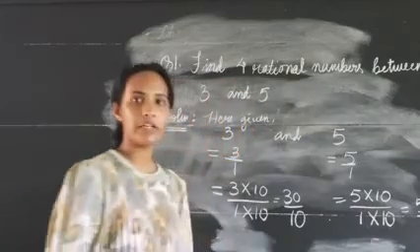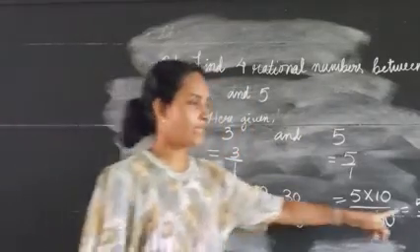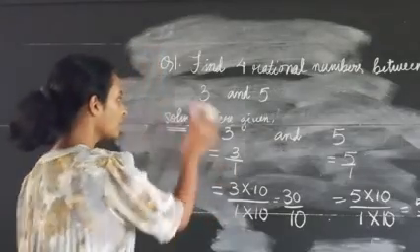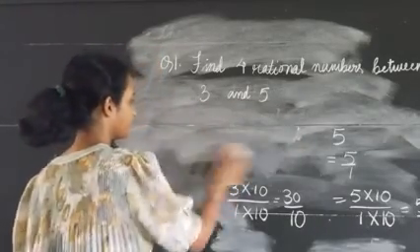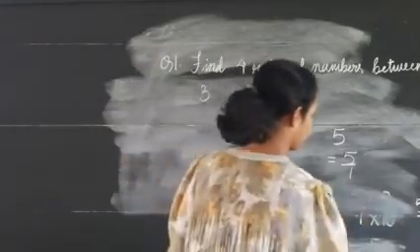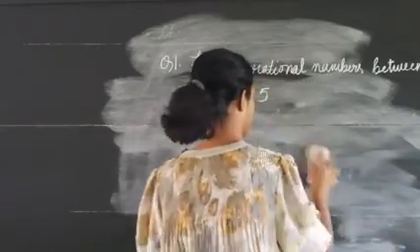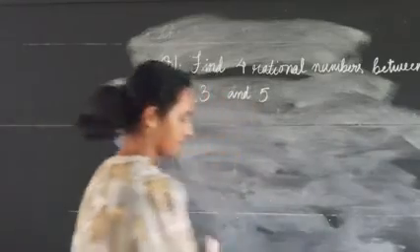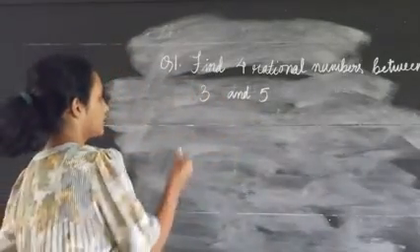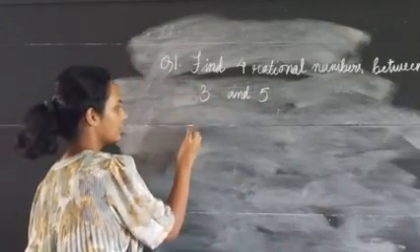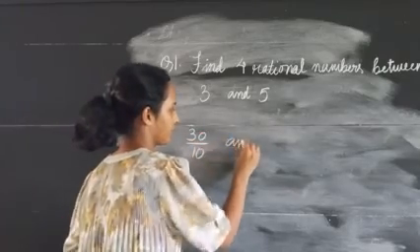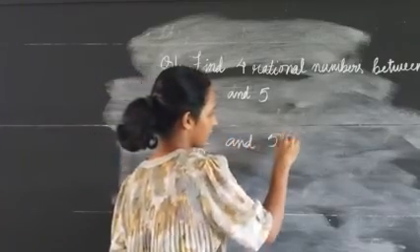So, now we have got 30 by 10 and 50 by 10.